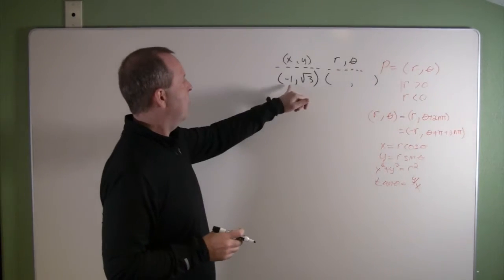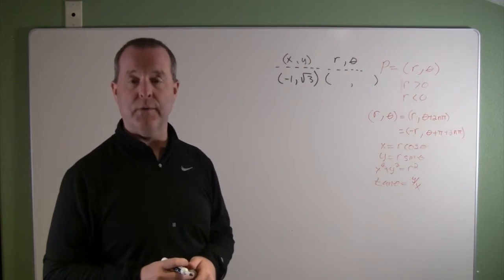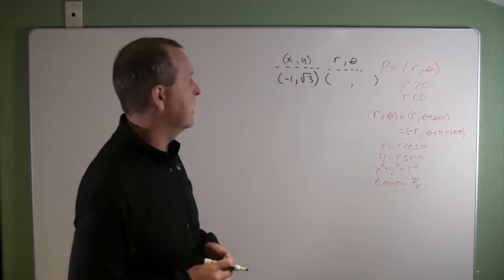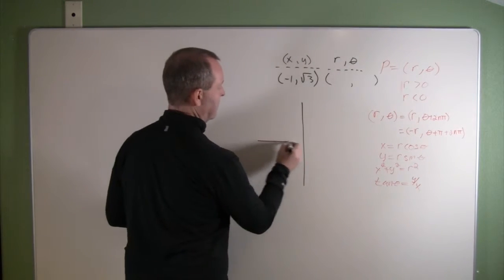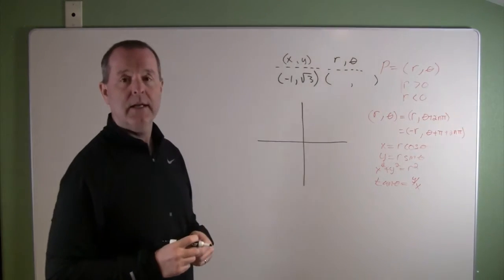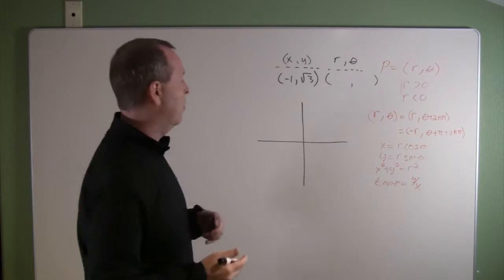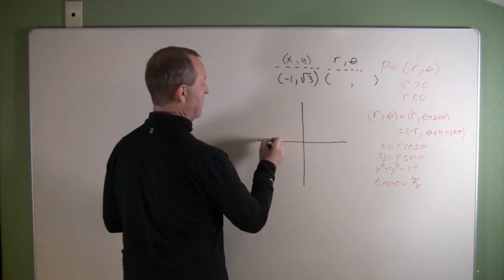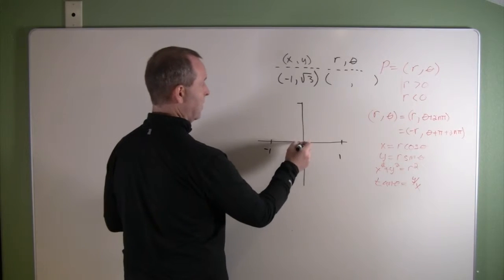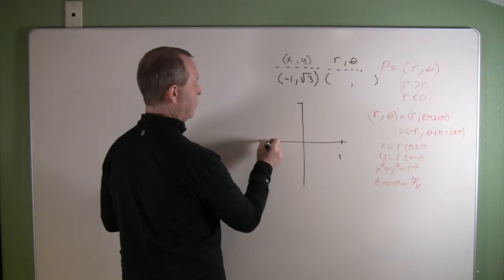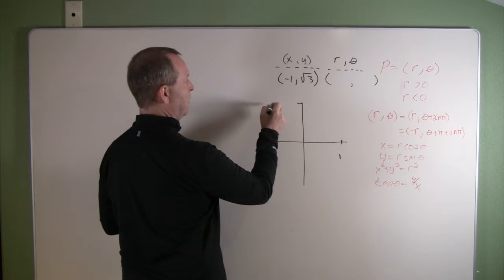So let's take an example where I have the point -1 and √3 in xy coordinates. The first thing that we want to do with this process is, as always, or as many times as we can, plot that point in xy world. So let's plot it: back -1 and up √3.